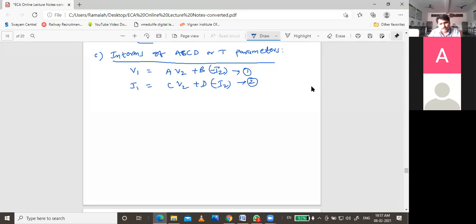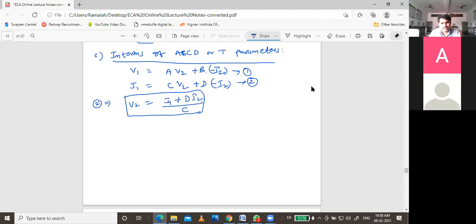From equation 2, V2 equal to, you bring this D I2 to this side, so plus D I2, by C. So substitute this V2 value in equation 1.